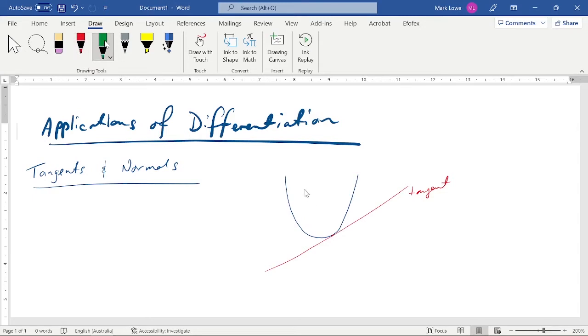And then if we have a line that passes through that same point but is at right angles, then that is the normal. Okay, so we're going to use calculus, use differentiation as a means of finding the gradient of a tangent and a normal, which we can then use to find the equation of the tangent or the normal.